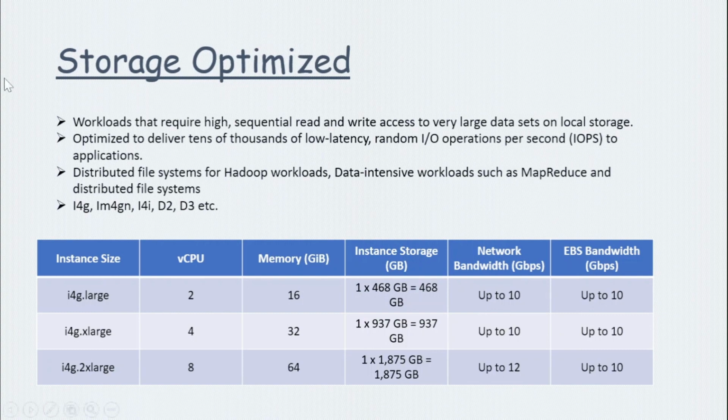These are optimized to deliver high IOPS, input/output operations per second. They offer low latency, and are good for Hadoop workloads and data intensive workloads such as MapReduce and distributed file systems. As you can see, there is a factor called instance storage, so these instances come along with it attached to them.